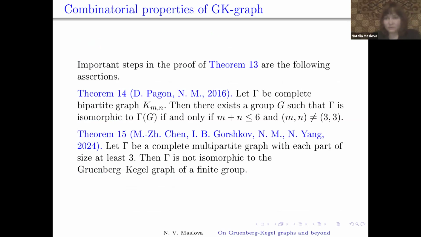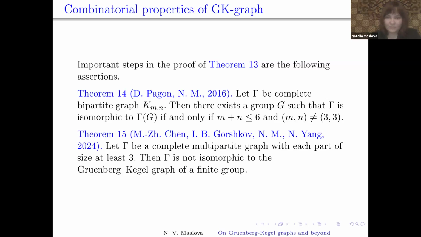Just two remarks. A theorem about strongly regular graphs forces us to consider the cases of complete multipartite graphs which are Gruenberg-Kegel graphs of affine groups. And we considered these graphs initially with Dušan Pagon. We considered complete bipartite graphs which are Gruenberg-Kegel graphs of affine groups.